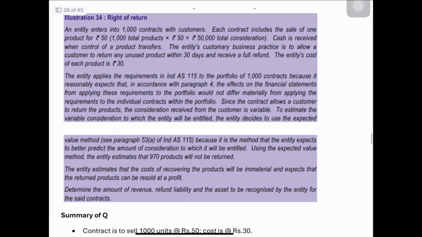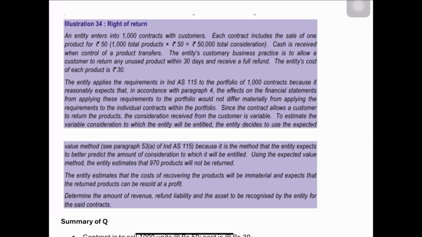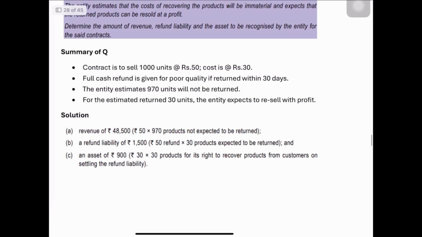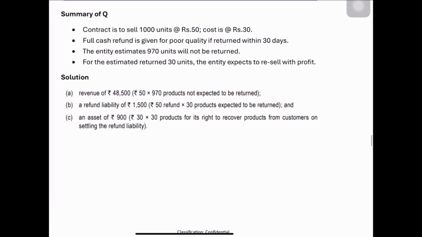So please go through illustration 34, which is an example on rate of return. Here the summary of the question is there is a contract to sell 1000 units at the rate of 50, and the cost to manufacture that product is 30.